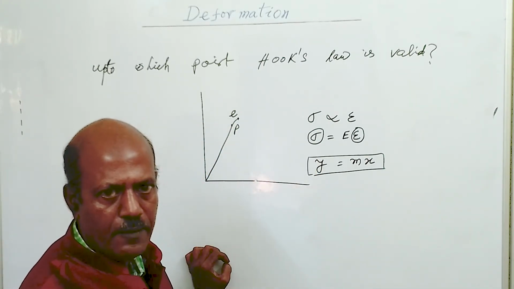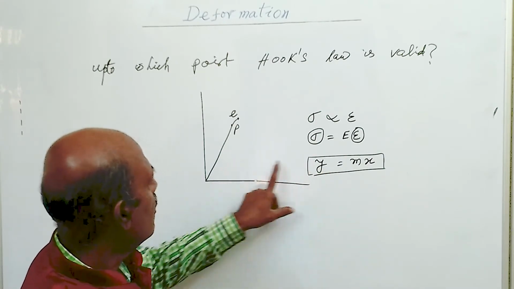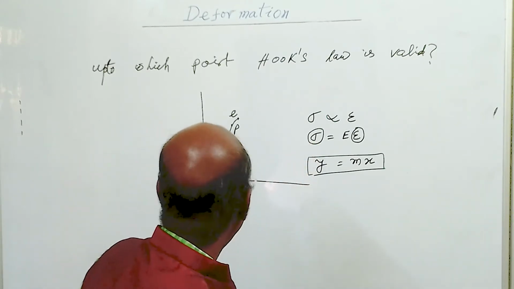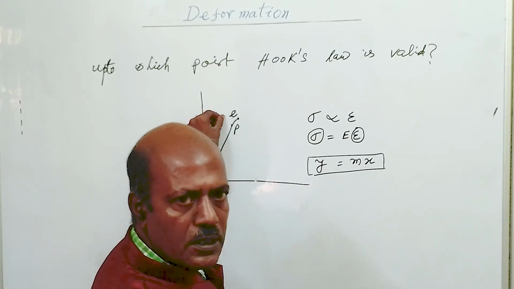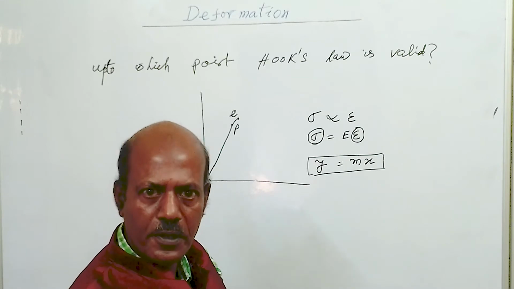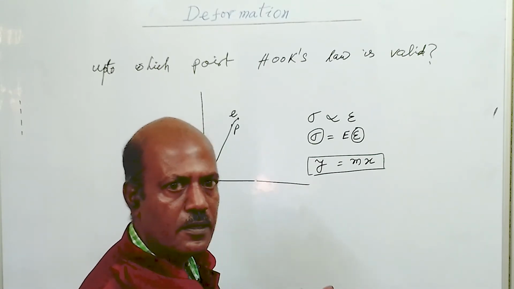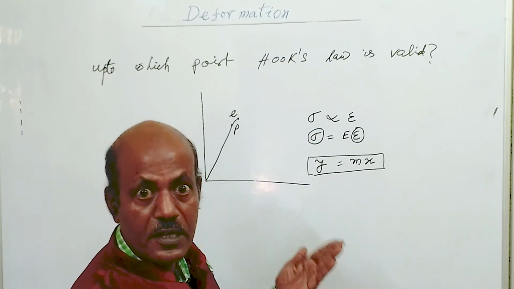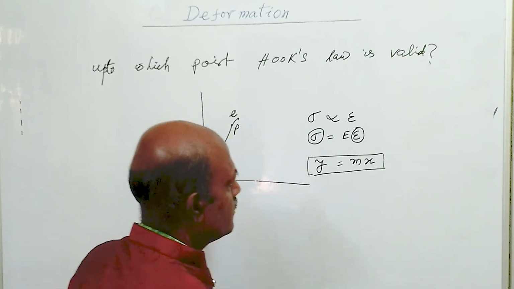So in the straight line portion only, Hooke's law is valid. In books it is sometimes written within elastic limit, that is also a correct answer, and up to point P, the proportional limit, Hooke's law is valid, that is also correct. But if you write that Hooke's law is valid up to the elastic limit, then your answer is wrong.